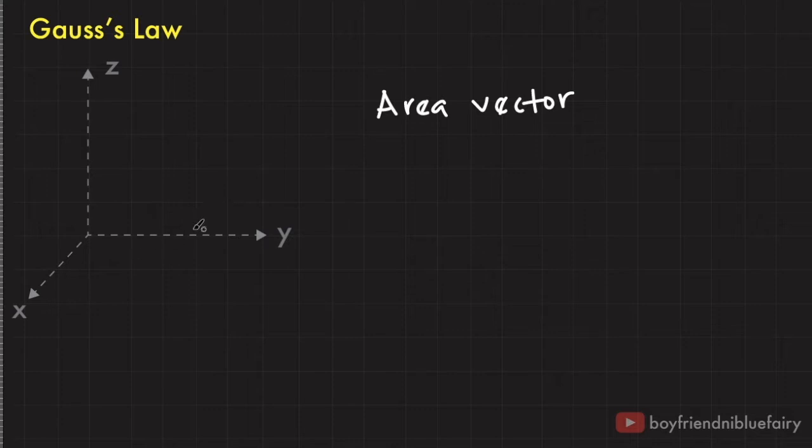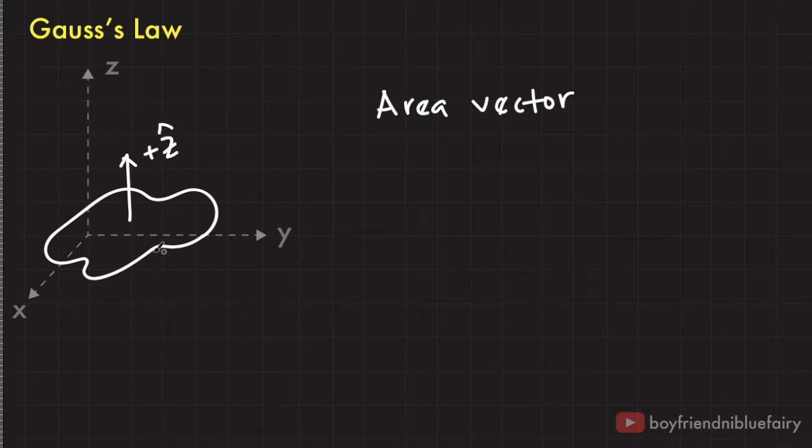So for example, I have a surface here, an arbitrarily shaped surface that sits on the xy plane. This surface can be represented by a vector whose direction is perpendicular to the plane of the surface. So apparently for this case, one points to positive z hat and the other one points to negative z hat.